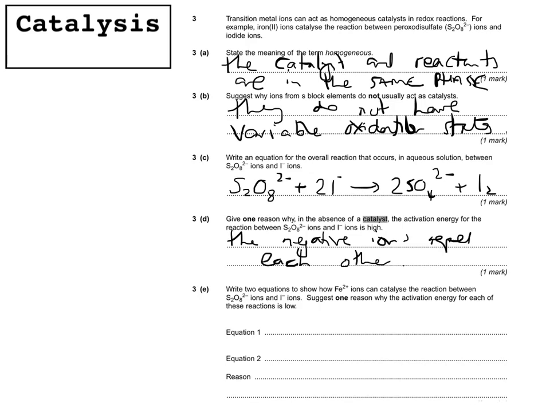And then finally, write two equations to show how Fe2+ ions can catalyse the reaction between S2O8 2- ions and I- ions. Give one reason why the activation energy for each of these reactions is low. So you can work them out like I showed you in the previous slides, but I'm just going to write them out.